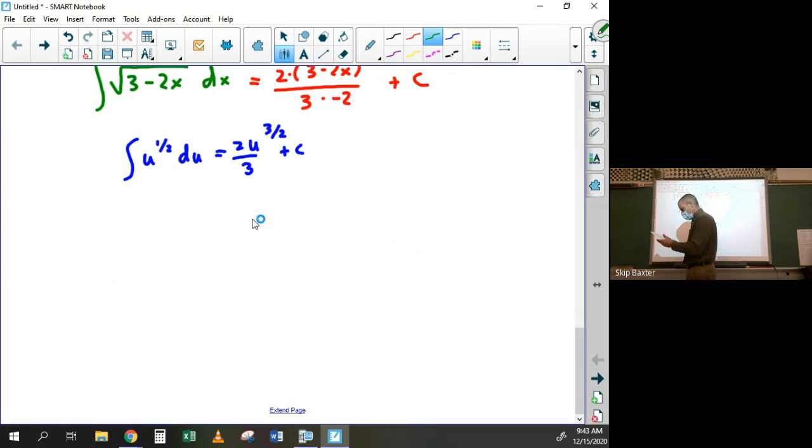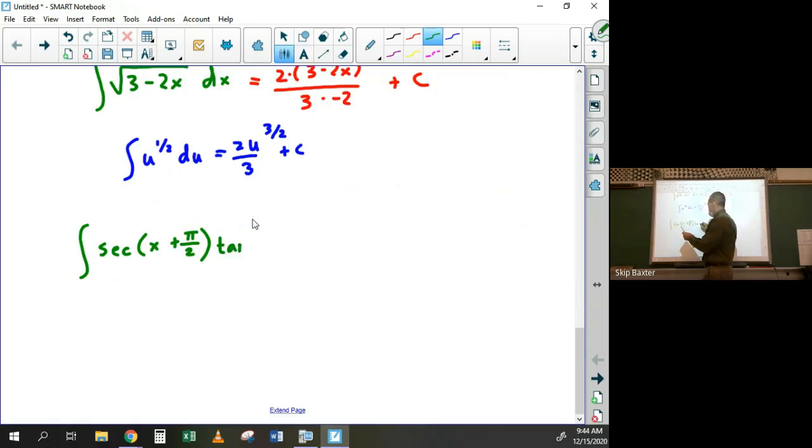Let me give you another example. Suppose it was something like secant of x plus pi over 2 tangent of x plus pi over 2 dx.